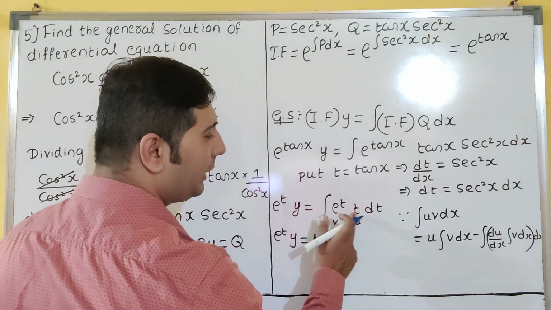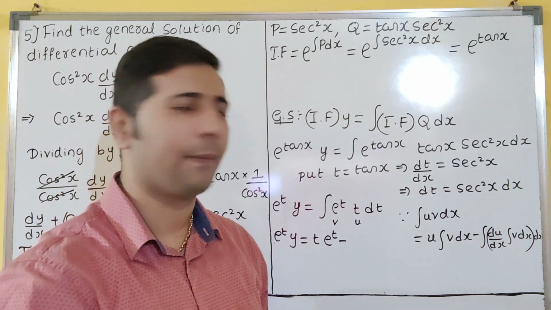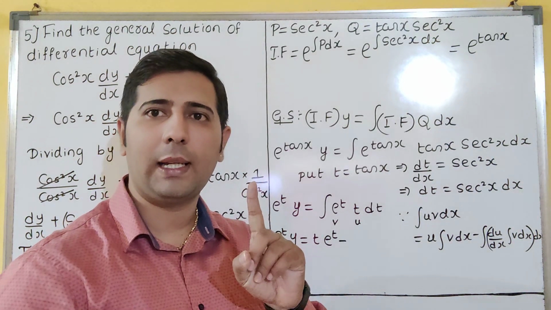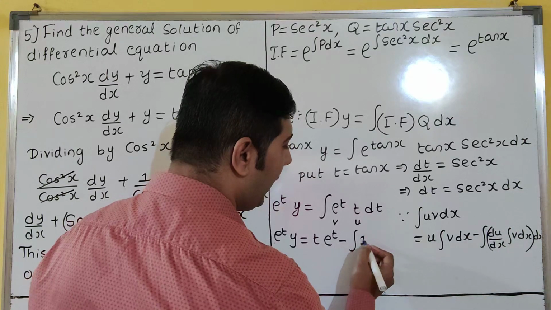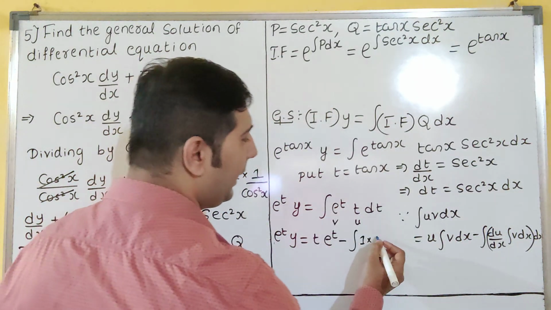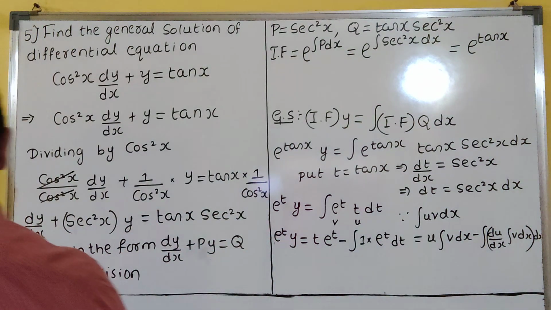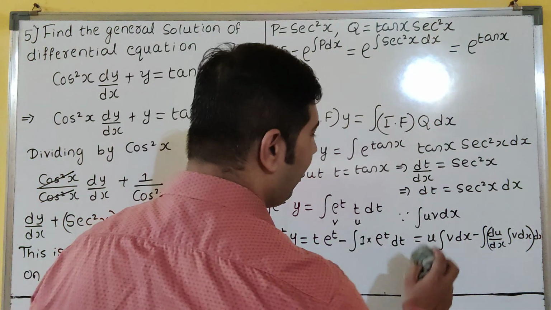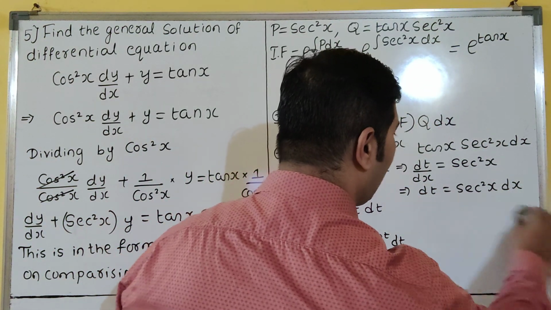What is u? t is u, yes or no? That means we will imagine it as x only. So x derivative is 1, t derivative is also 1 only. So I wrote 1. Integration of v, that is e raised to t, is e raised to t dt. Clear everyone? So this I will erase. This formula is not required; it is for your understanding purpose that we have written.